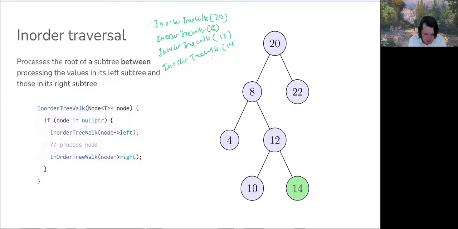We're back where we left off in 14. We've gone left. We're now processing that node. So far, if we were printing to standard output, we'd see 4, 8, 10, 12, 14. Cool. Now we have to step right. In this case, it's invoking the function on the null pointer.